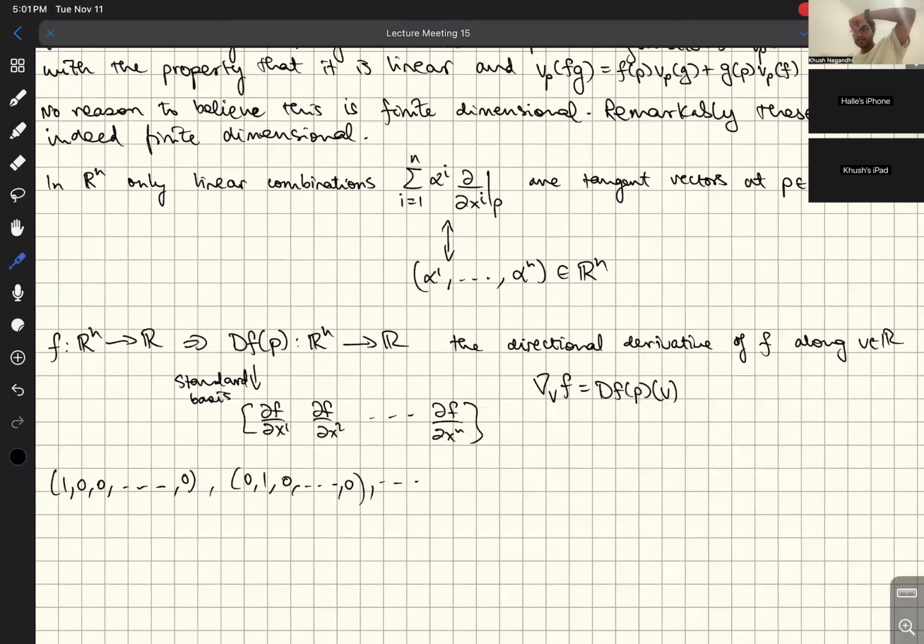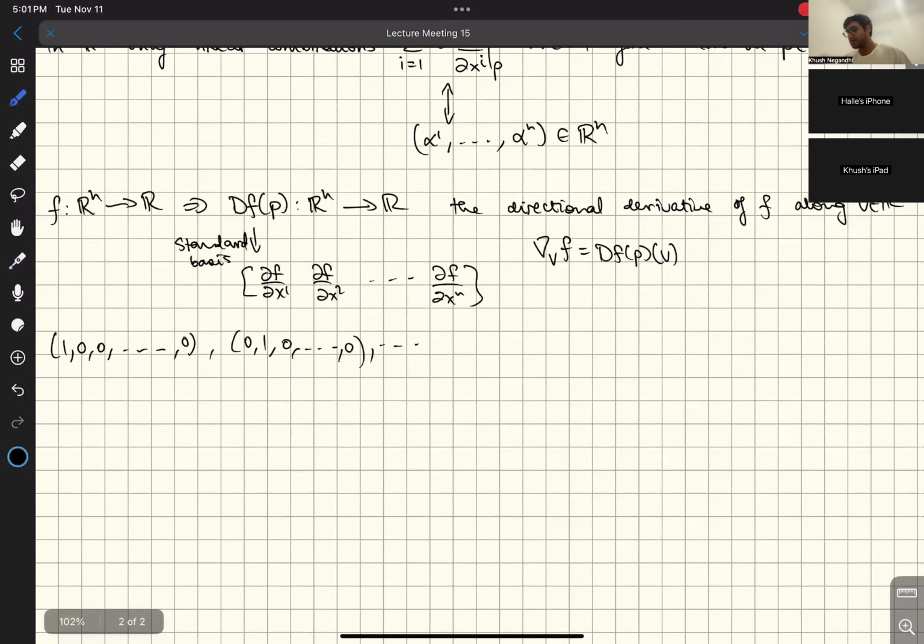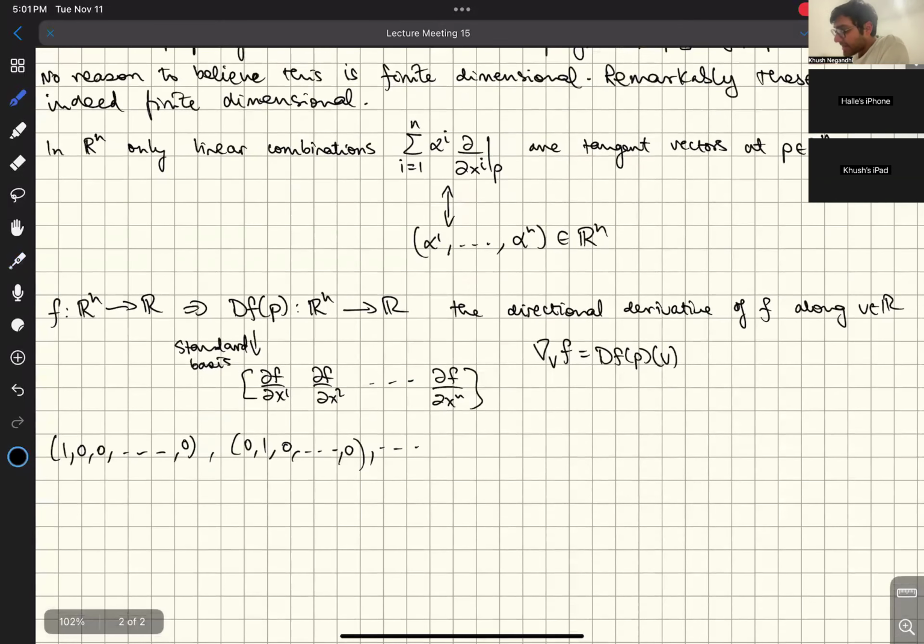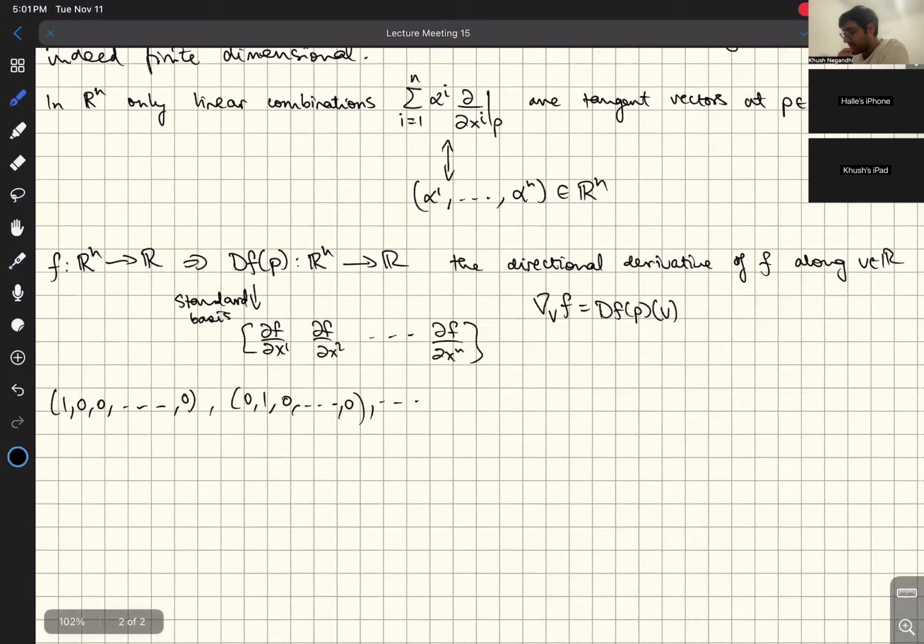Okay, so now that we have this, let's look at why the tangent space at a point on a manifold should be finite dimensional.